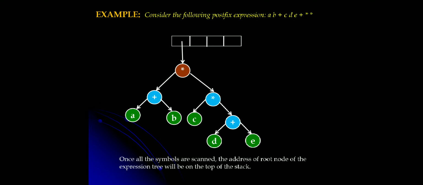If you traverse this expression tree in post order, you should get the expression given in the question. So what is the post order traversal? AB plus, that is left, right and root, then go to the right subtree: C, D, E plus star star. Yes, the expression is correct.